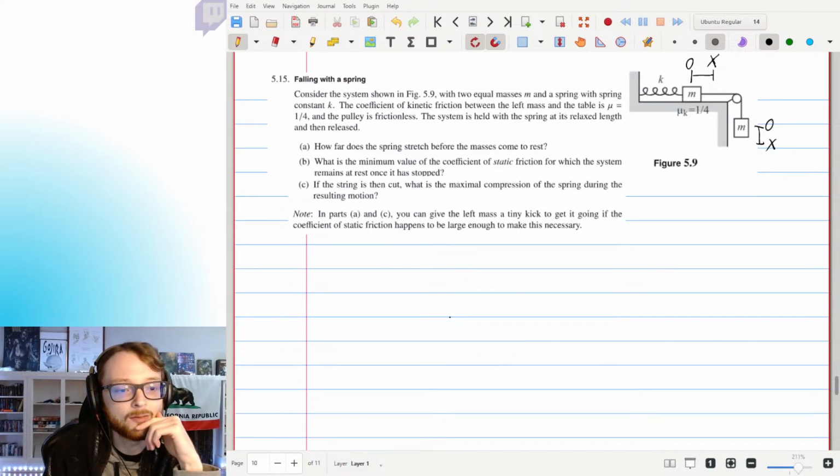So I guess in the starting state, there is gravitational potential energy from this mass and only that, right?